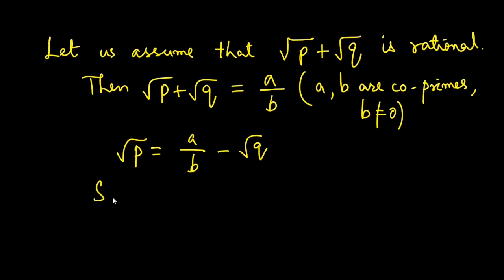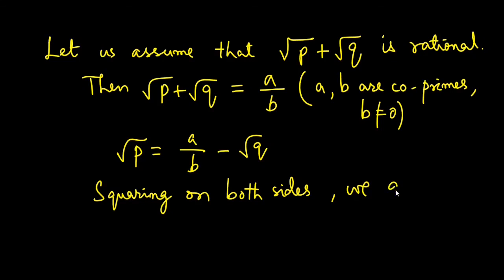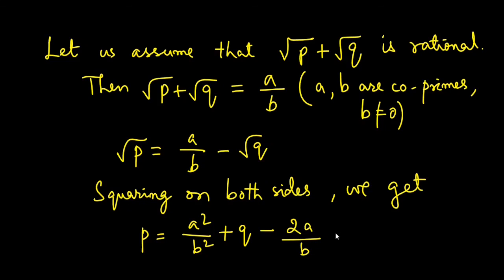Now squaring on both sides, we get p is equal to a square by b square plus q minus 2a by b into root q.